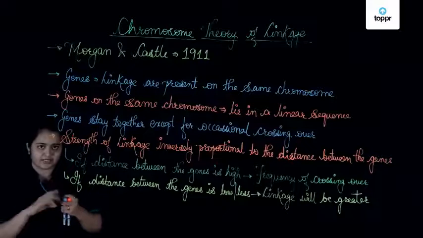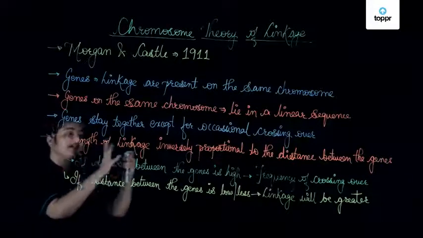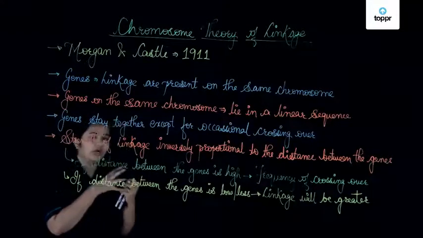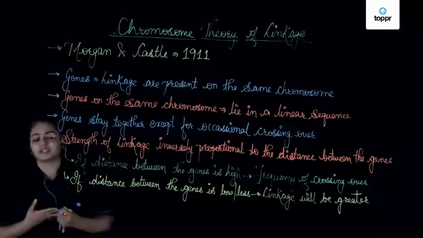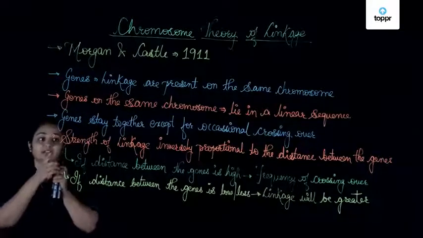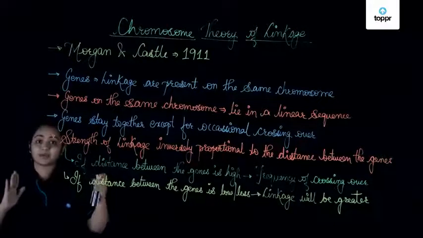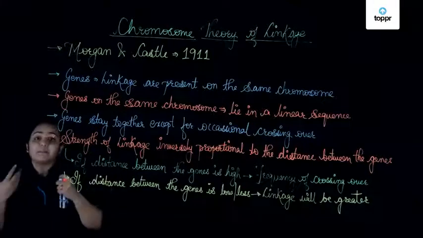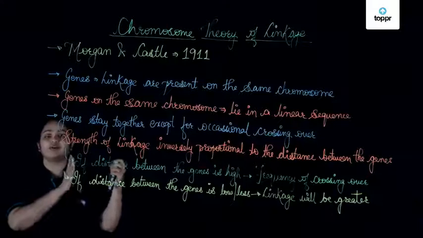The strength of their linkage, the tendency to remain together, is inversely proportional to the distance between them. So if they are near each other, they will always be linked and the strength of linkage is high. If they are away from each other, only then is there a possibility that crossing over may take place. This was all about the chromosome theory of linkage.